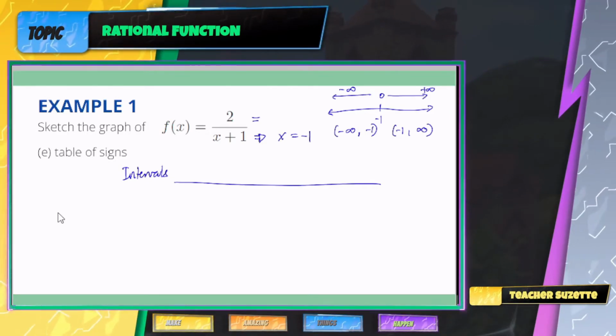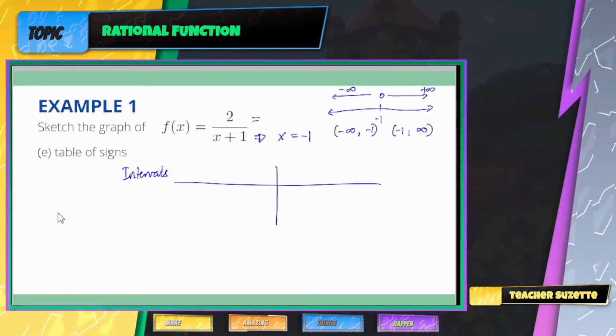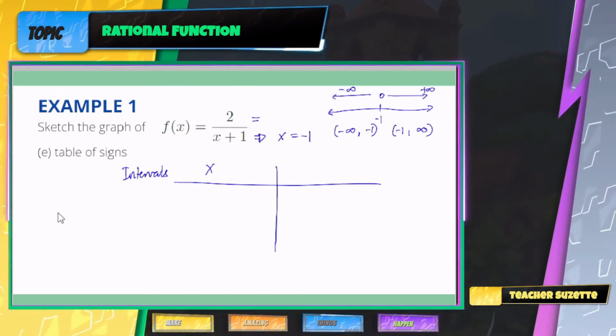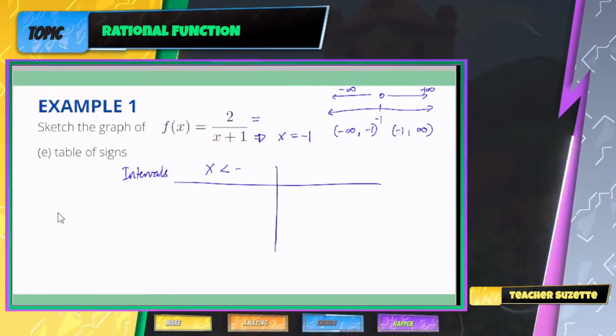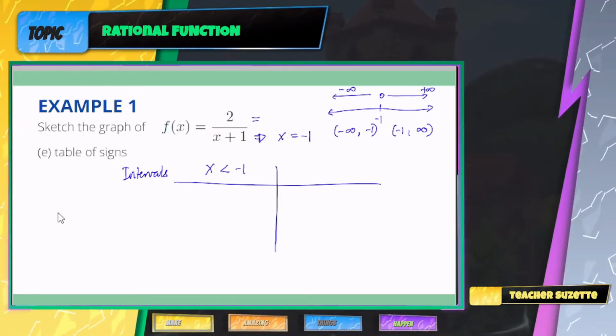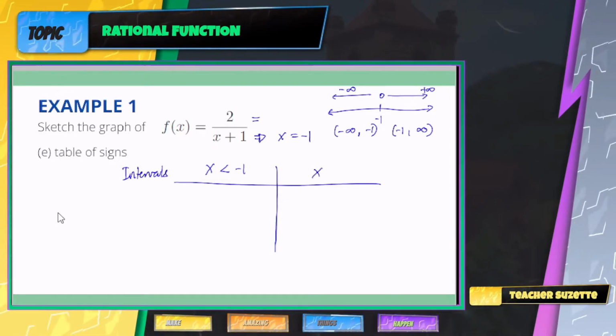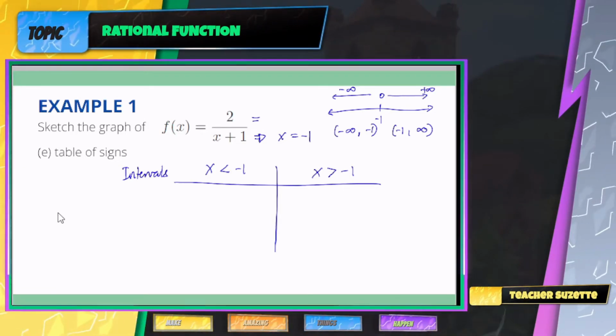So, ang x natin dito ay dalawa. So, ang x natin, pagpapuntang negative, that is less than negative 1. And kapag naman po papuntang positive, greater than negative 1.